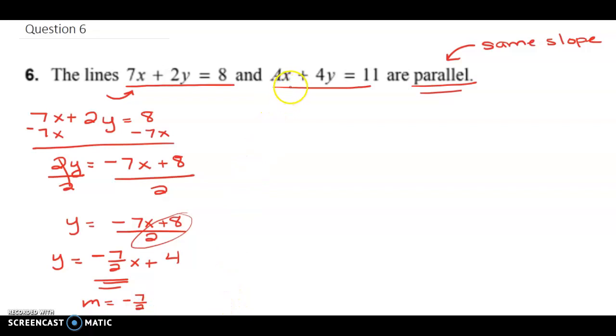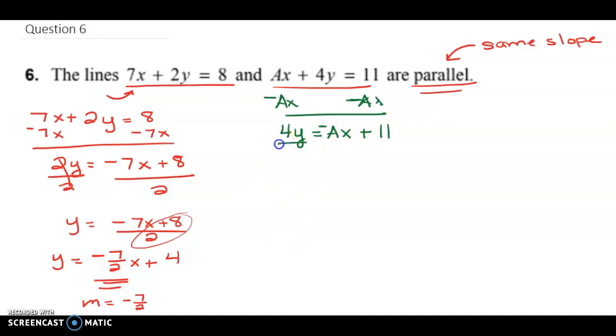Okay, so I'm going to rewrite this the same way I did this, except the x won't have a coefficient. Okay, so let me switch colors here. Minus ax on both sides, minus ax on both sides. I get 4y equals negative ax plus 11.